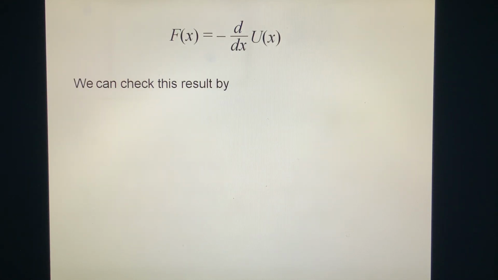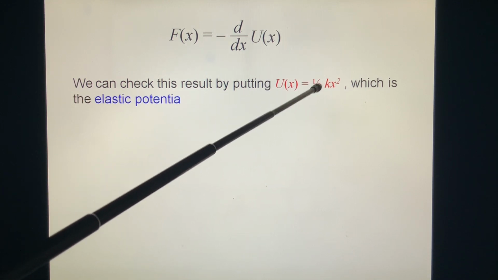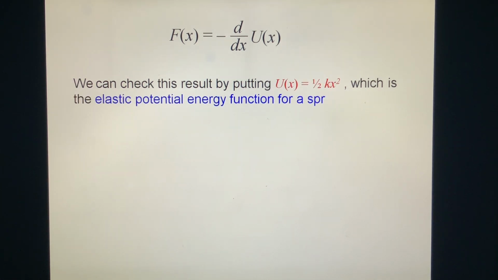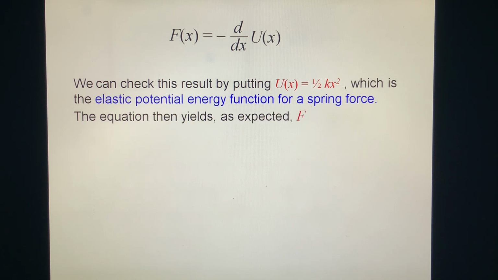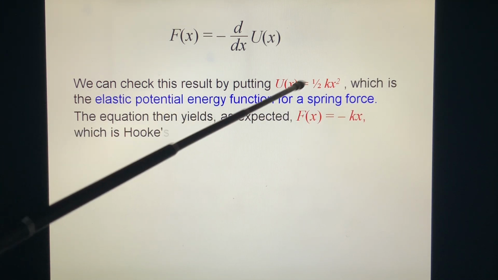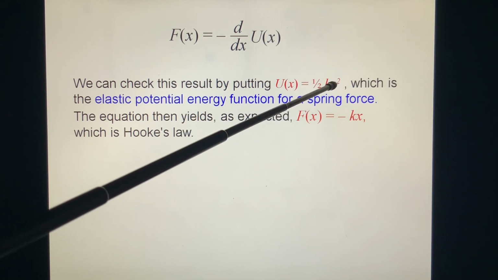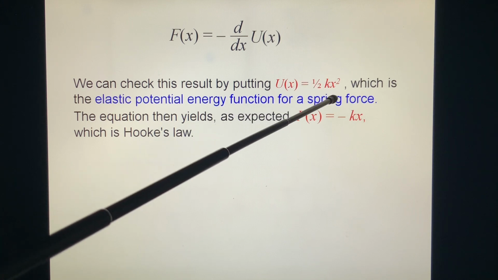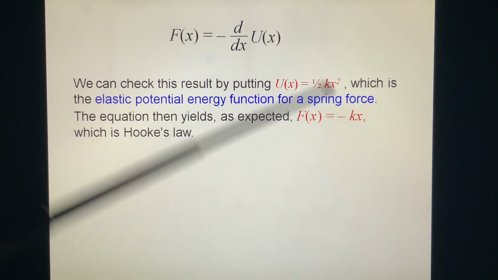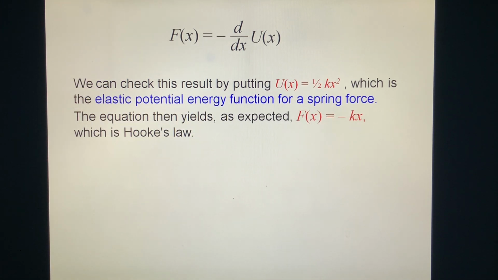We can check this result by putting U(x) equal to half k x squared, which is the elastic potential energy function for a spring force. Taking the derivative with respect to x, you get k x, and with the minus sign, F equals minus k x. What is this? It is Hooke's law.